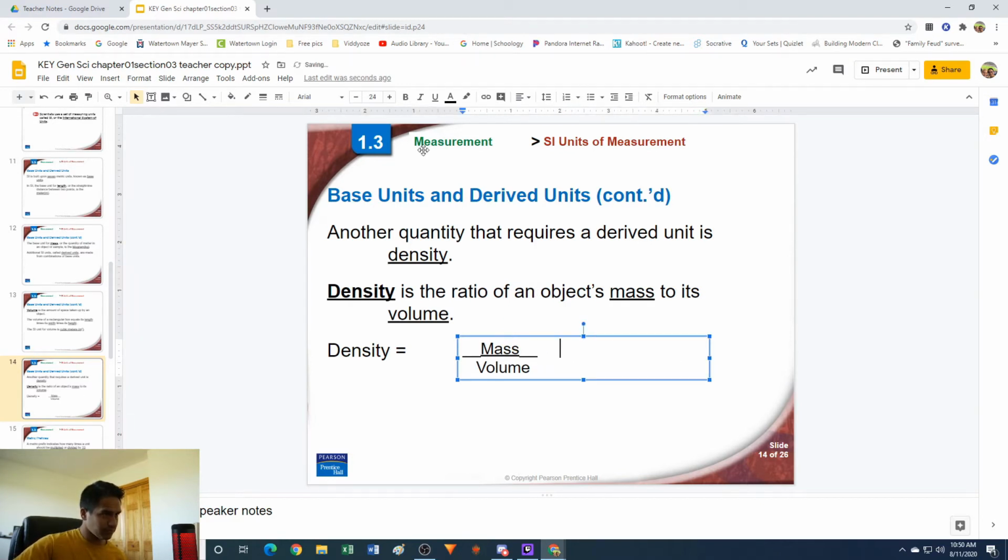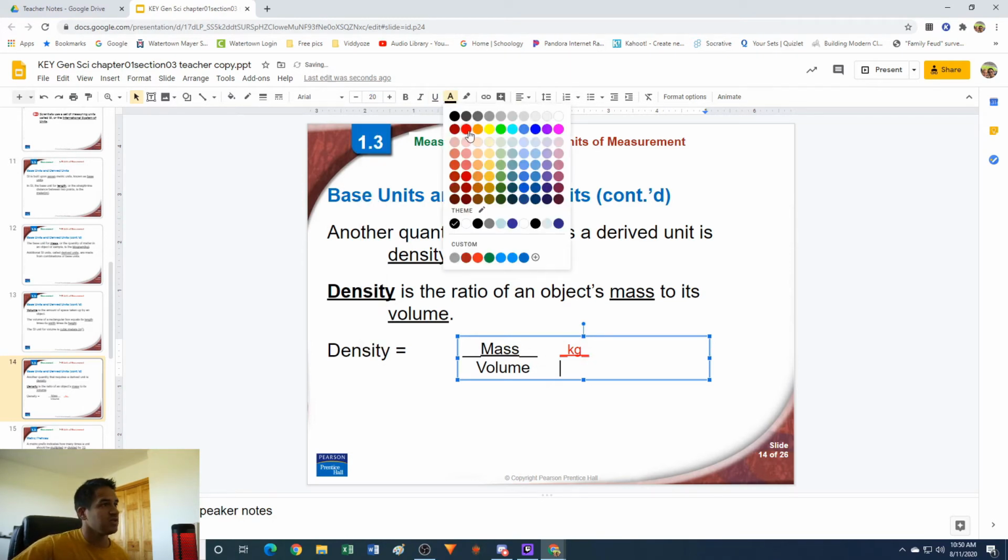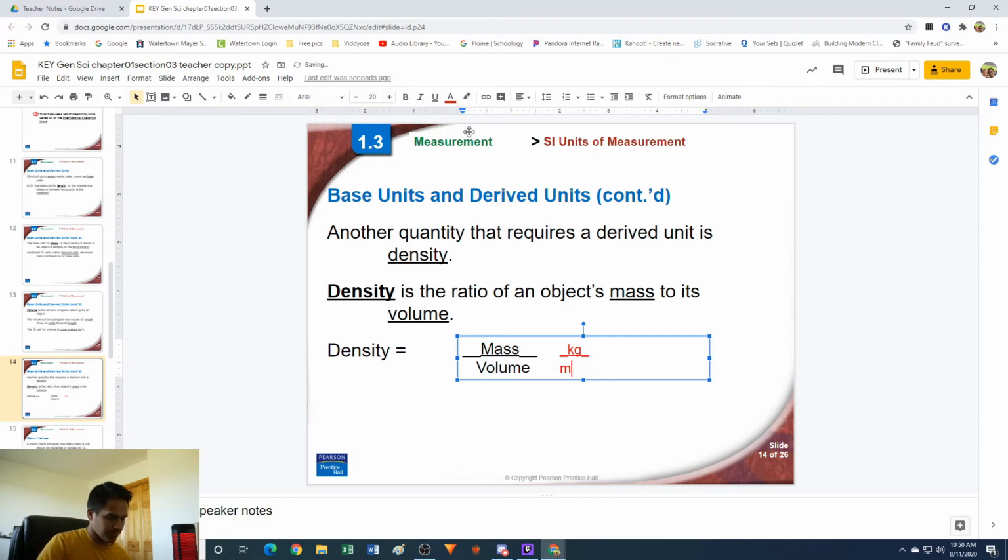There you go. Okay, so density is usually going to be kilograms, because that is the unit of mass, divided by the unit of volume, like we just saw on the previous slide, which is cubic meters.